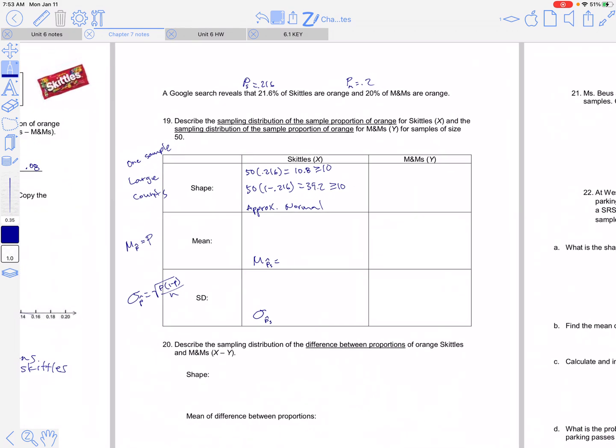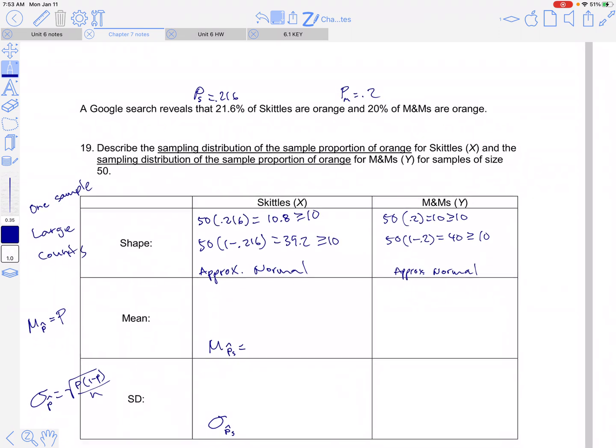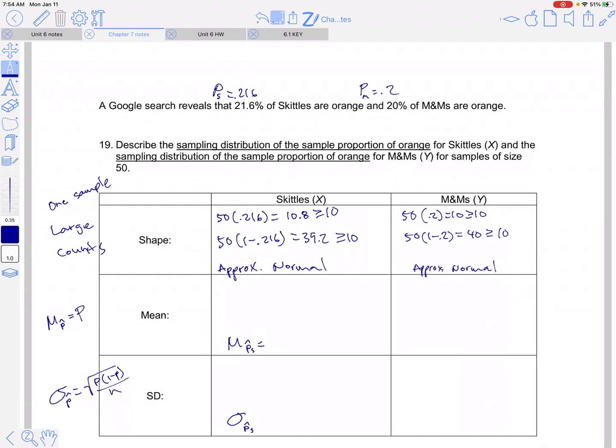Okay, let's look at M&Ms. So we also had a sample size of 50, but we had a little bit different proportion. And so that barely gets us by, right? Okay, and the other one goes like this, which is 40. Okay, so again, the point of this is, describe the sampling distribution of the sample proportion of orange Skittles.